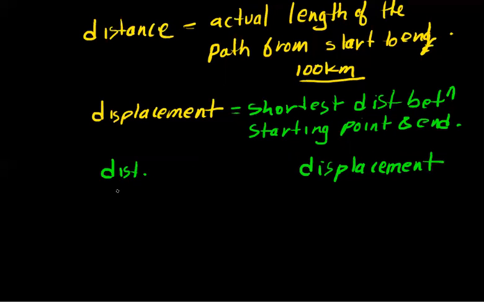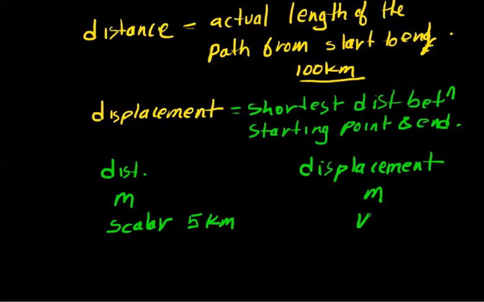The SI unit of distance is meters and the SI unit for displacement is also meters. Distance is a scalar quantity. That means we do not need direction. We only need the magnitude and the unit. For example, 5 kilometers. We don't mention the direction over here.